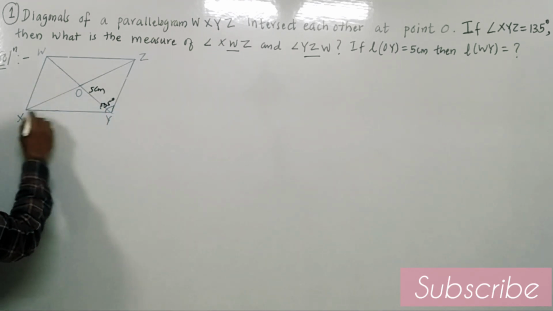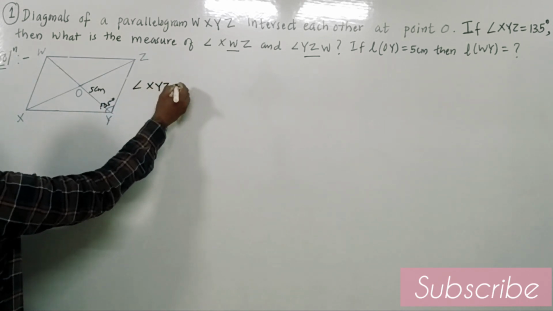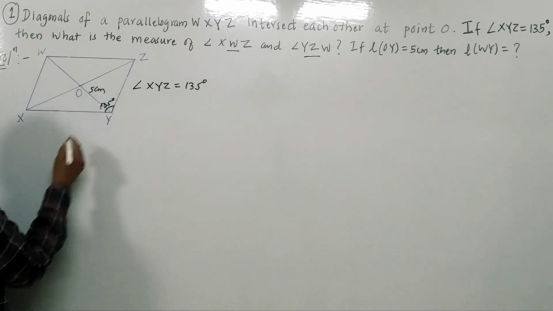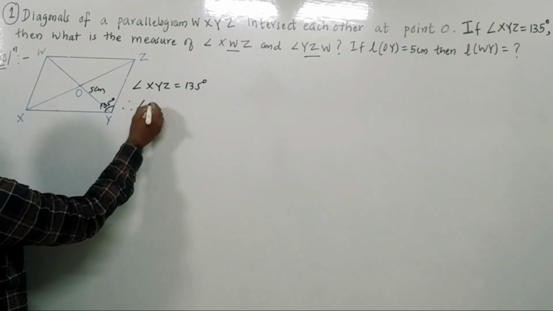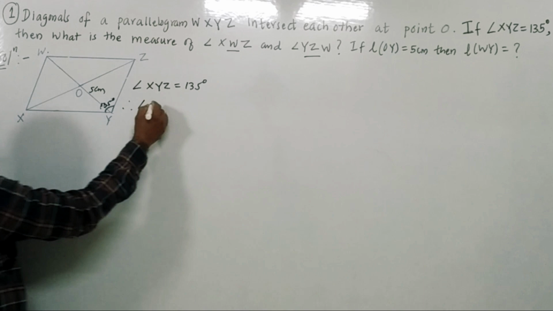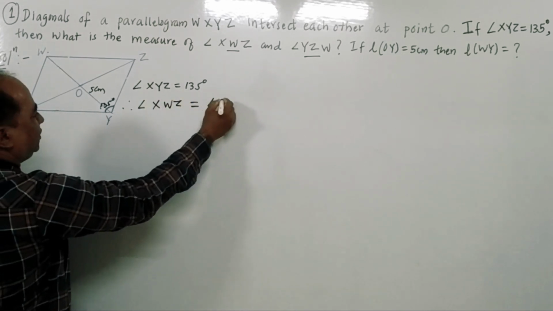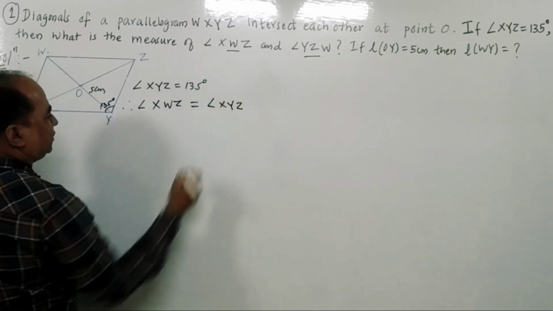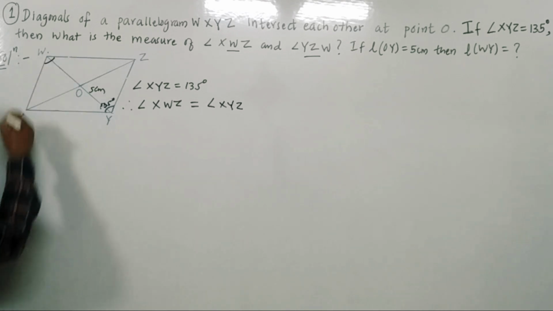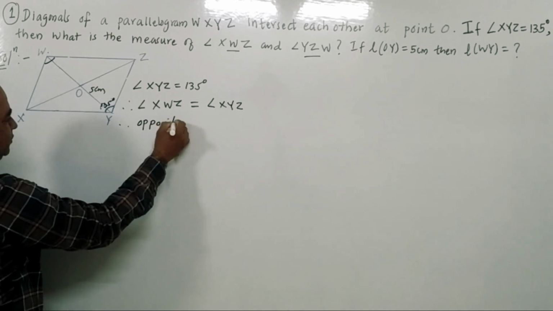So now we know that opposite angles of a parallelogram are congruent. Therefore, angle XYZ is equal to 135 degrees. Therefore, angle XWZ is equal to angle XYZ, since opposite angles of a parallelogram are congruent, by the property of parallelogram.